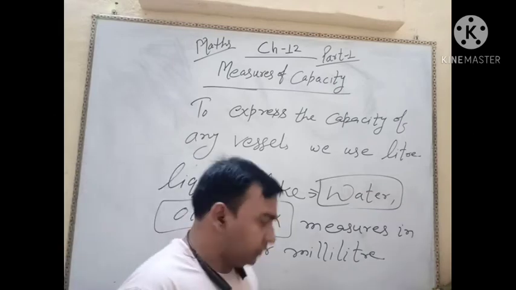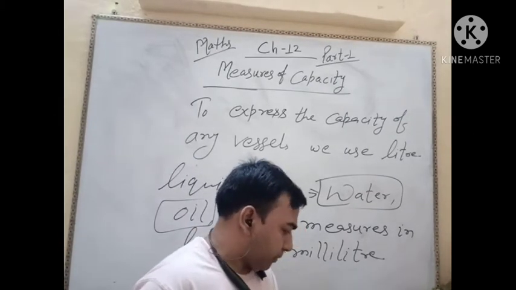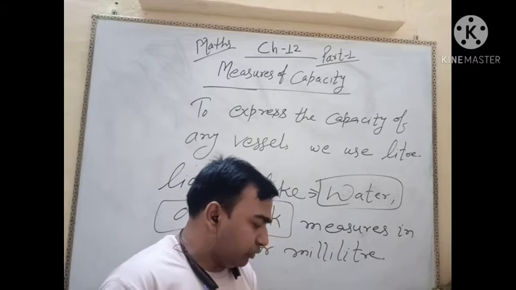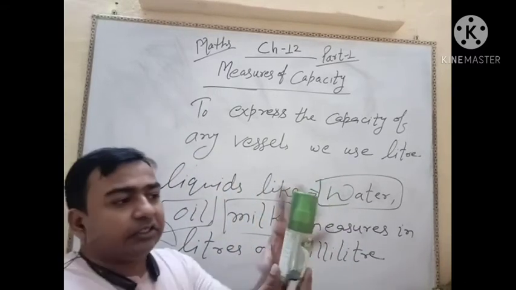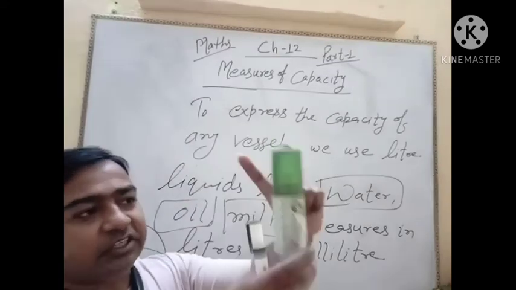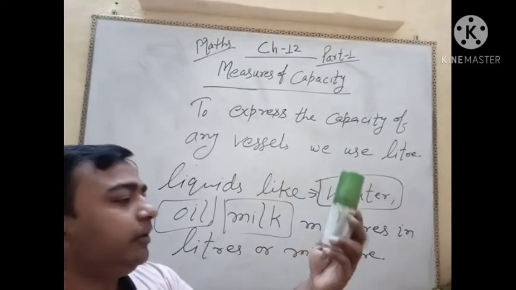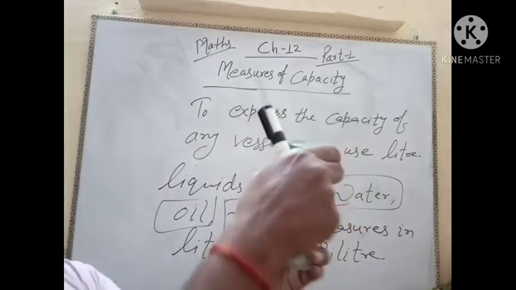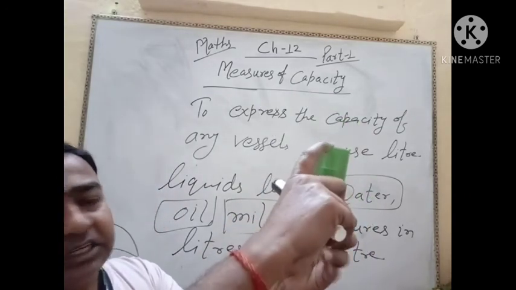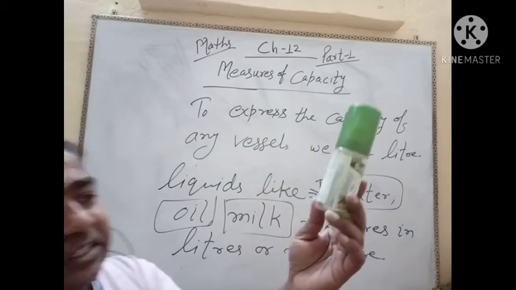For example, suppose that this is a bottle, this is a container, a vessel of cylindrical shape, and you can see that the capacity of this cylindrical container is 100 ml.